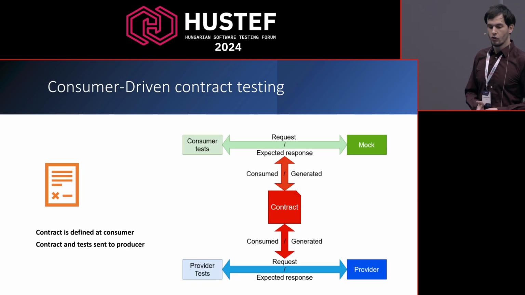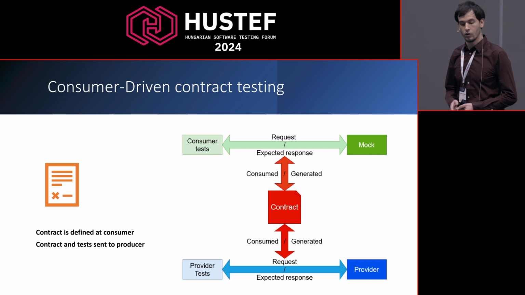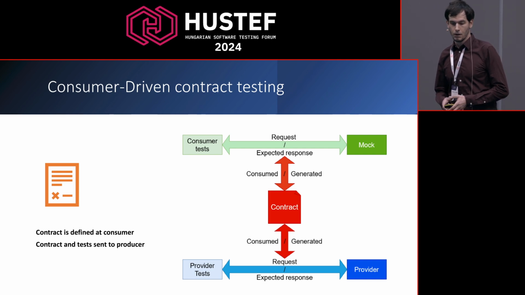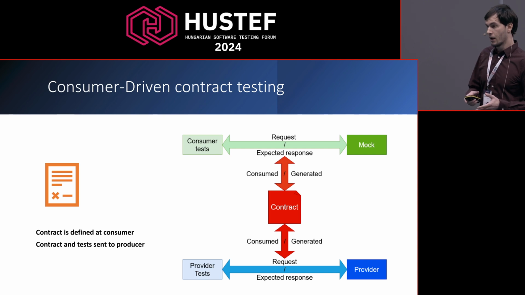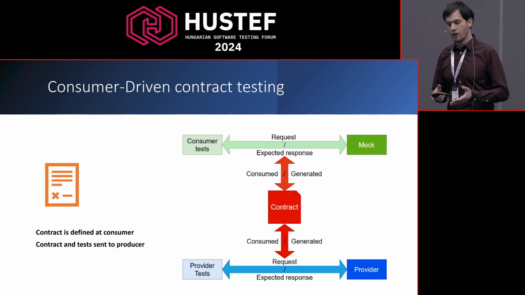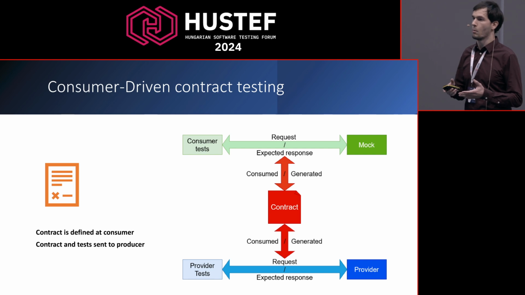On the other hand, consumer-driven contract testing is a little bit more complicated. In this case, you define the test on the consumer side. So you define the test cases, you execute them, and you check whether the consumer is able to do the right queries. But we are not doing traditional tests, so we are not directly doing it against the provider, we are doing it against the mock.